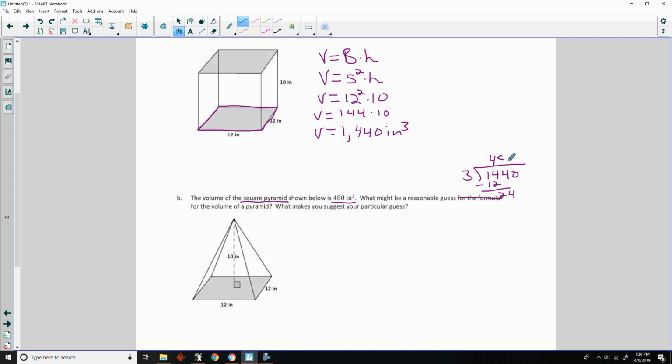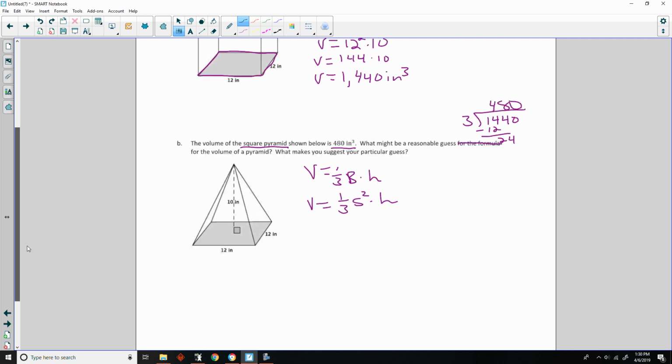3 goes into 24 8 times. So my guess would probably be the volume is 480 cubic inches. So let's just see. Volume equals 1/3 base times height. So volume equals 1/3 what we got up here, S squared times height.